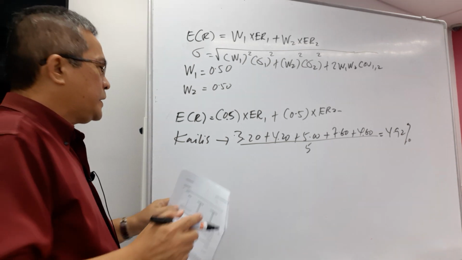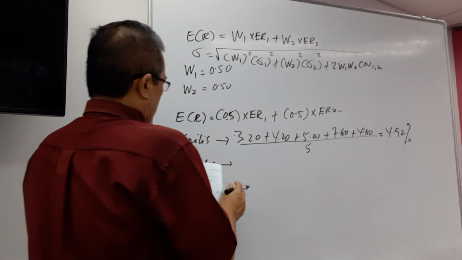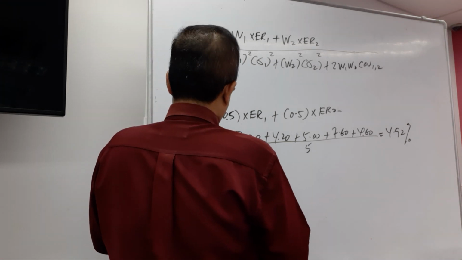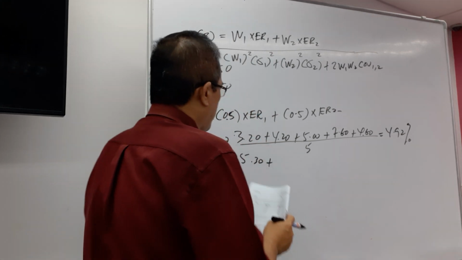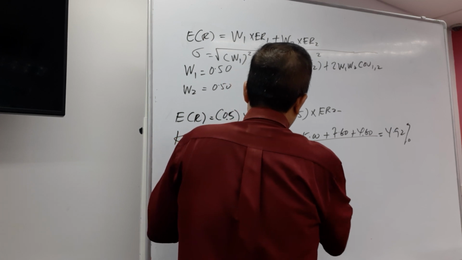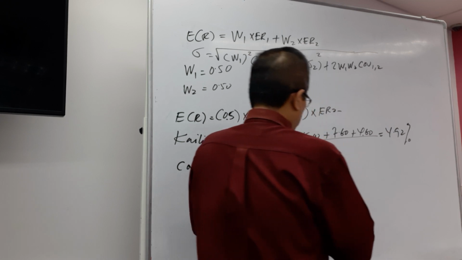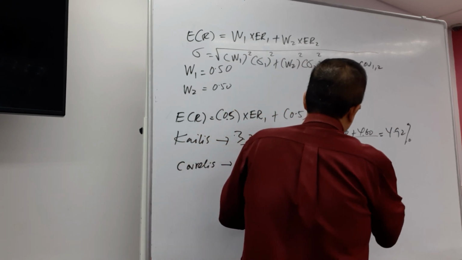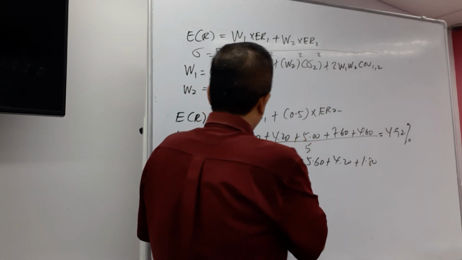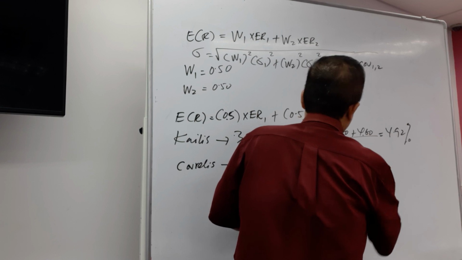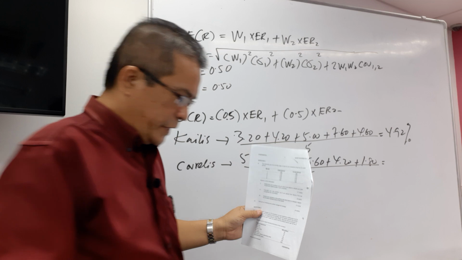Let's do it for Corelis. For Corelis, the average return is 5.3 plus 3.70 plus 5.60 plus 4.20 plus 1.80 divided by 5, and what is the answer? 4.12%.